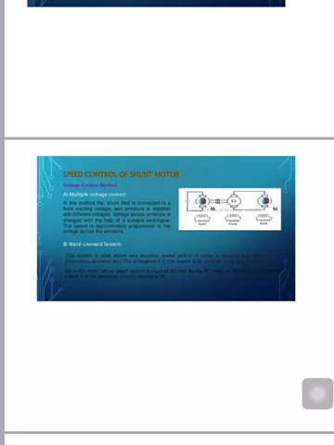This control system consists of a DC motor powered by a generator.